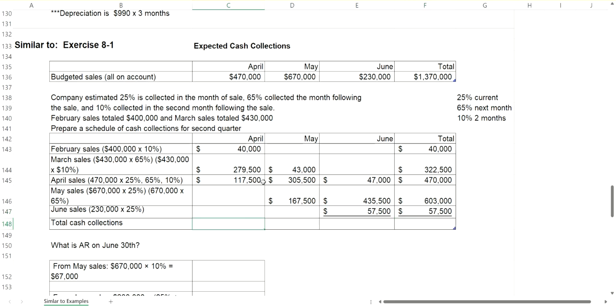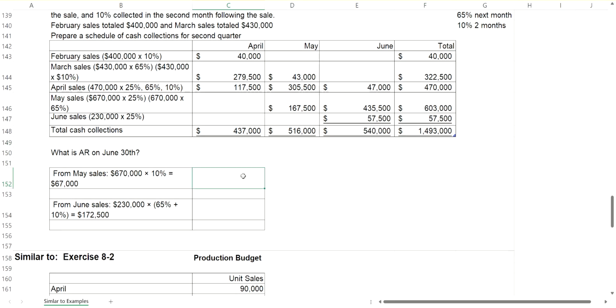Okay, I will now add the columns. So in April, I expect 437,000 to come in. May, 516. June 540, and I should be able to go vertically or horizontally and get the same amount for the quarter.